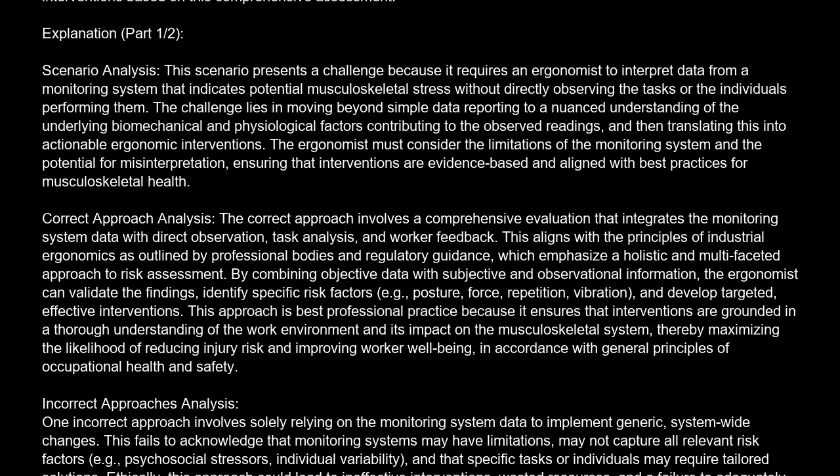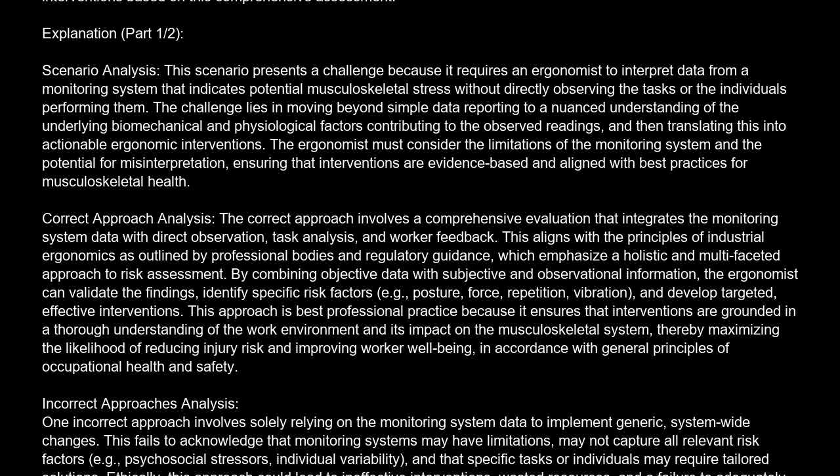Correct approach analysis. The correct approach involves a comprehensive evaluation that integrates the monitoring system data with direct observation, task analysis, and worker feedback. This aligns with the principles of industrial ergonomics as outlined by professional bodies and regulatory guidance, which emphasize a holistic and multifaceted approach to risk assessment.